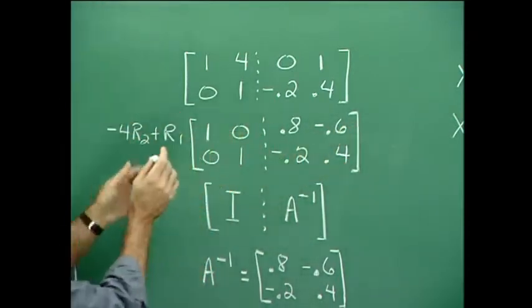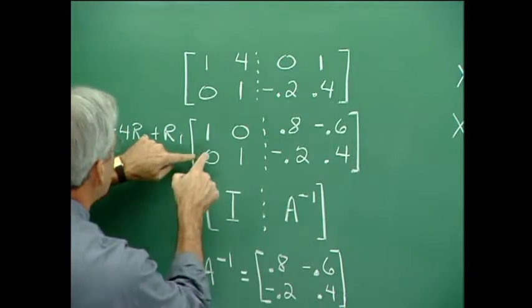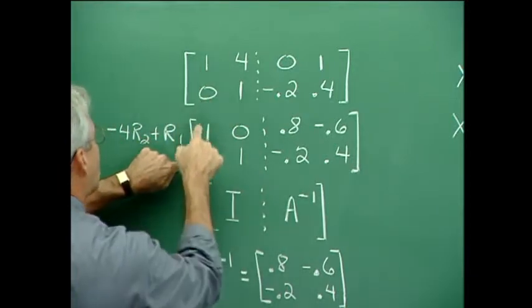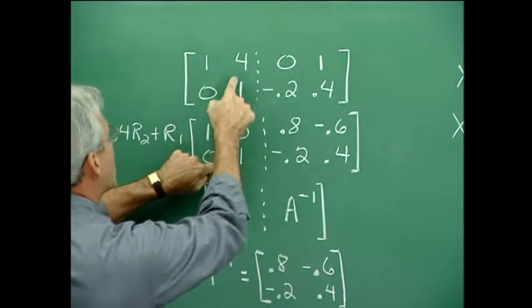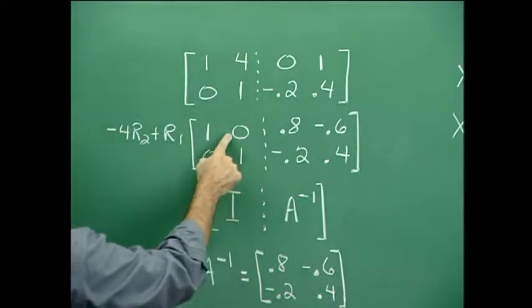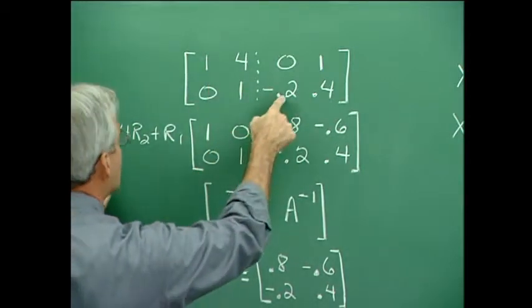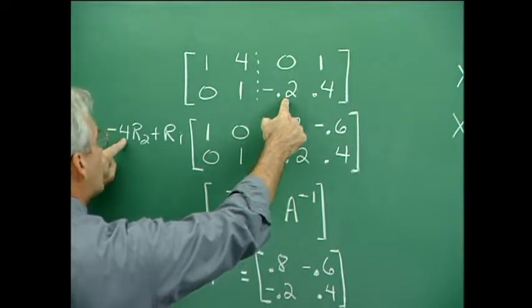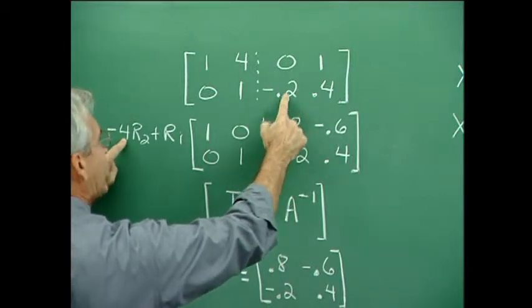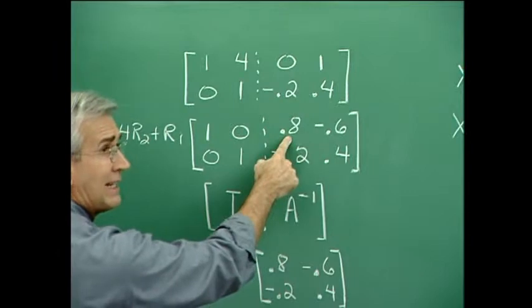I've written it all down for simplicity's sake, but it's -4 times 0 plus 1 is this 1. And -4 times 1 plus 4 is this 0. And then -4 times -0.2 is 0.8 plus 0 is 0.8, 8/10.